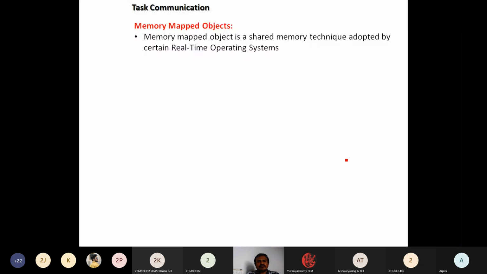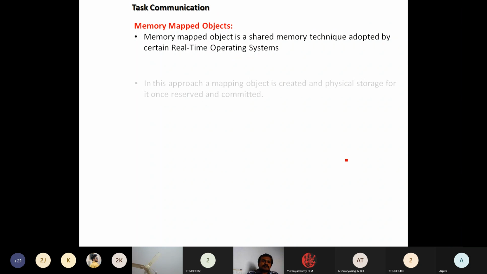Another one is memory mapped objects. What is a memory mapped object? It is again shared memory, where the memory area is shared between two processors. One type of memory sharing is pipes, and another is the memory mapped object technique, adopted by certain real-time operating systems.